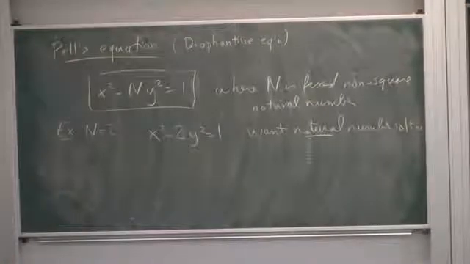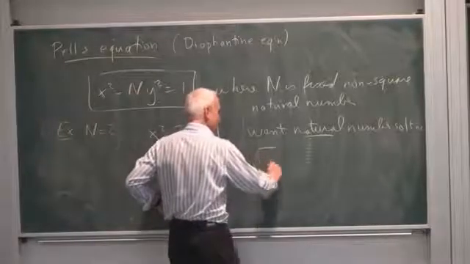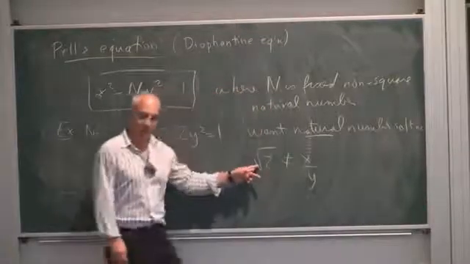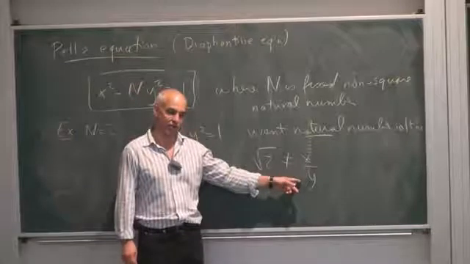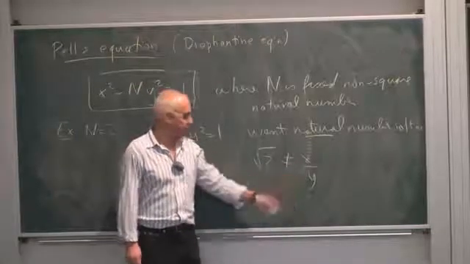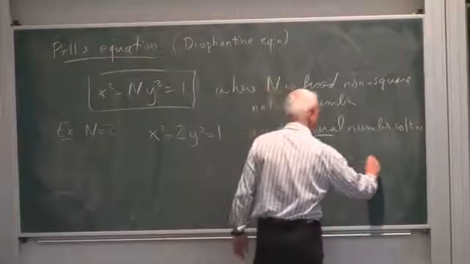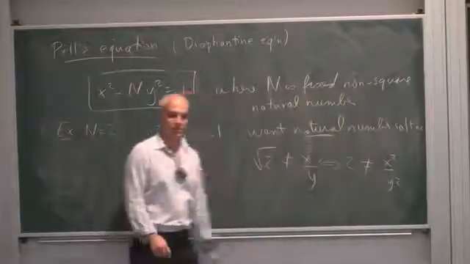Why might we want something like this? Well, remember that we saw before that root 2 was not of the form x over y. Right? Root 2 was an irrational number. It could not be written as a ratio of natural numbers. And that's the same as saying that we can't write 2 as x squared over y squared.